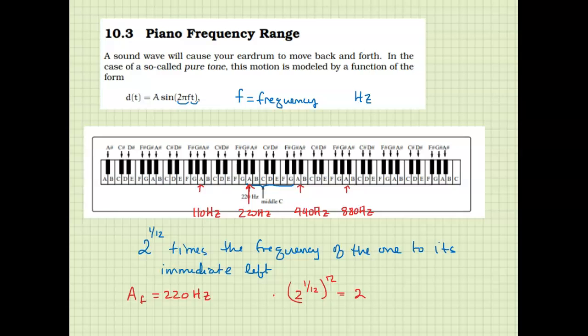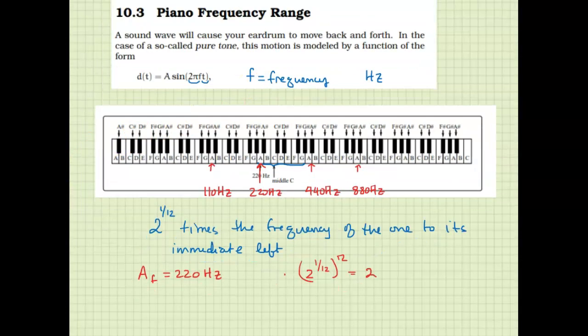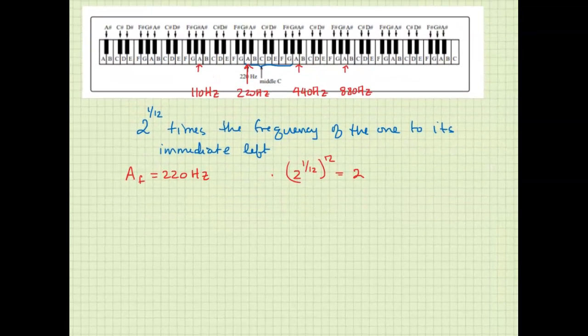Those A's are said to be an octave apart. But we can also figure out the frequencies of everything else. Let's say I want to figure out the frequency of this A sharp, the one right to the right of that middle A. The A sharp next to it is going to be 220 times 2 to the 1 over 12.